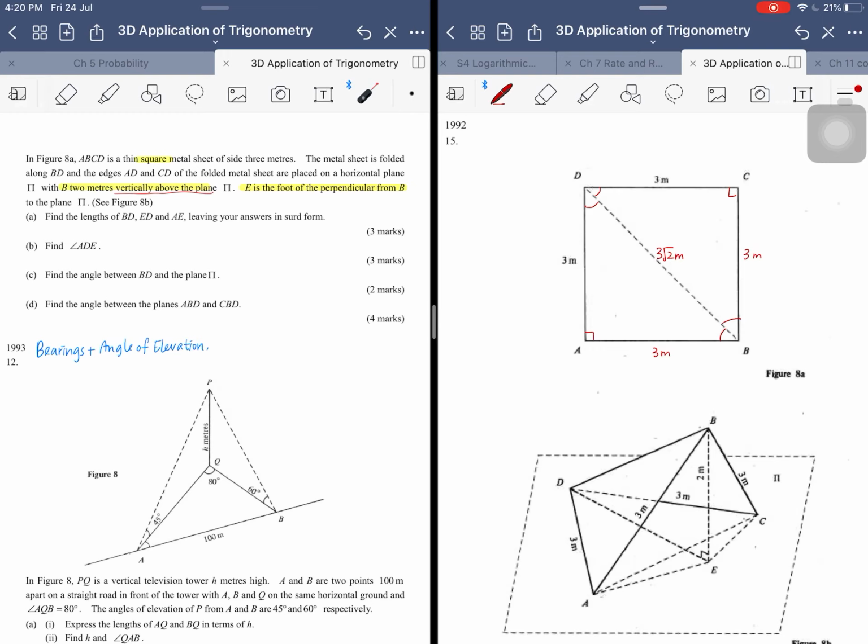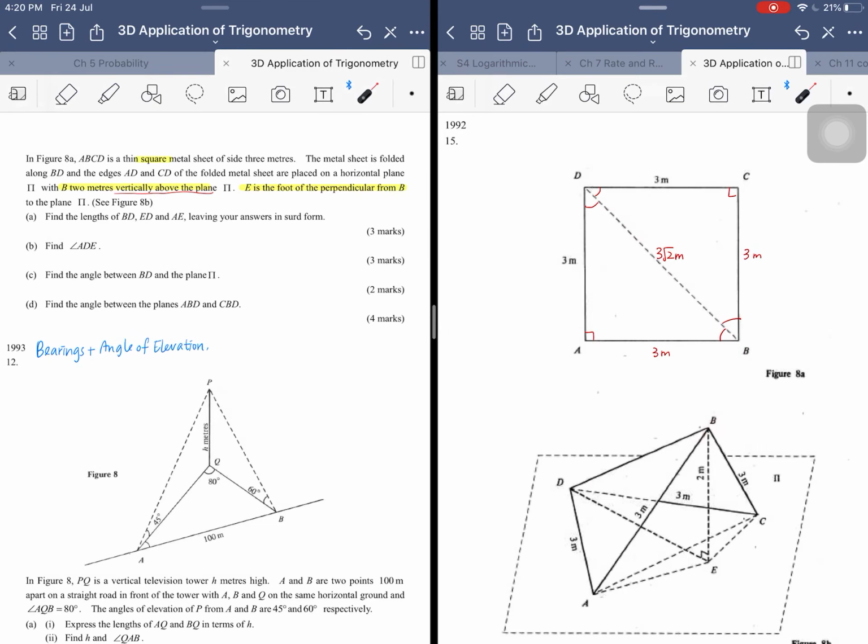Let's continue with the description. The metal sheet is folded along BD, and the edges AD and CD of the folded metal sheet are placed on the horizontal plane. So in this case, we know that BD here is the diagonal.